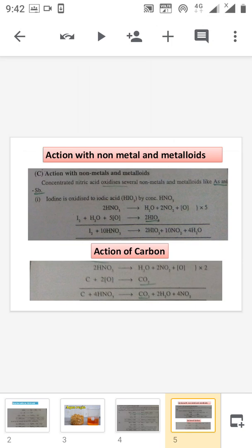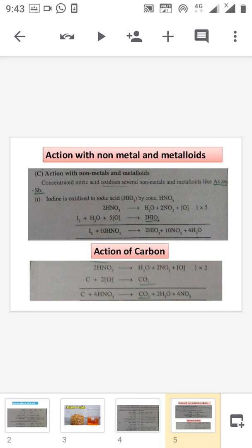Here also the first equation is common and the element is different. We have to study four different elements: the non-metals iodine, carbon, sulfur and phosphorus. So we are first moving into the reaction of iodine.